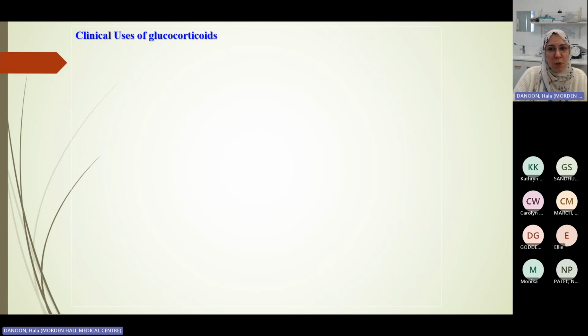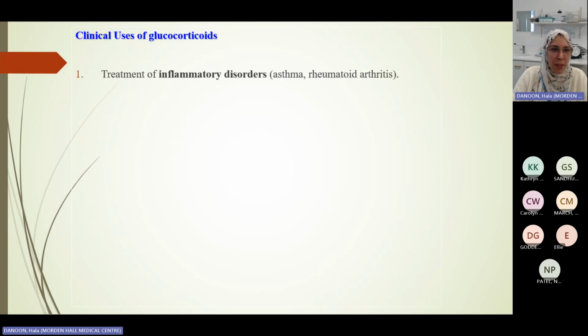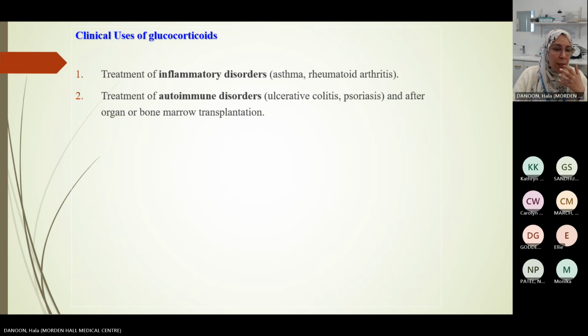So, clinical uses of glucocorticosteroids. It is mainly used for inflammatory disorders like asthma and rheumatoid arthritis. Where there is inflammation, we will need something to suppress that inflammation, and normally our first choice is the glucocorticosteroids.